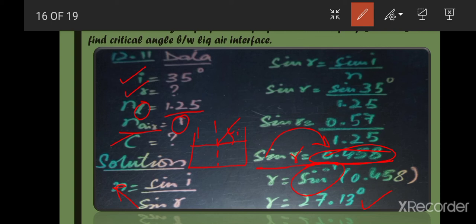As you know, the liquid is a denser medium compared to air, so the light ray must bend towards the normal. It is also clear from the angle of refraction, which comes out to be 27.13, lesser than 35. Whenever the light ray enters from rarer to denser medium, it bends towards the normal, so angle of refraction is less than angle of incidence, which is proved by this numerical also.